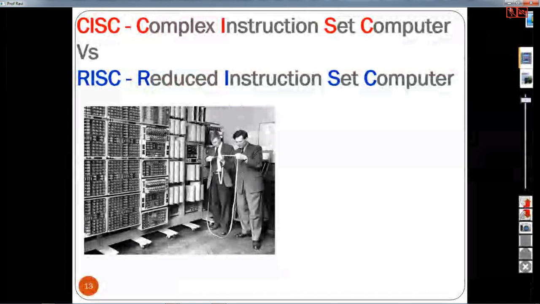So in CISC you have machine instructions, then microcode conversion, then micro instructions, and then micro instruction execution. This is what used to happen. But in RISC there is a relatively limited number of instructions, a smaller number of types of computer instructions, so that it can operate at higher speed.